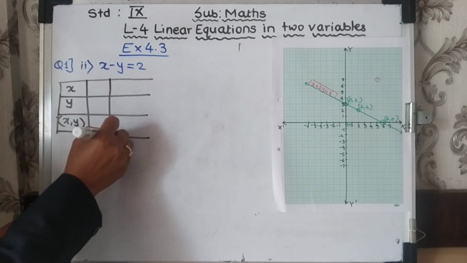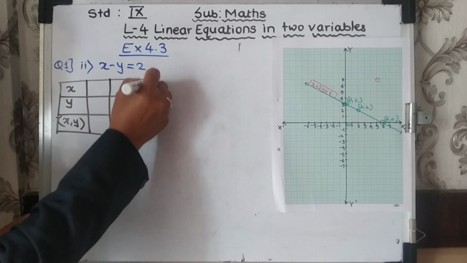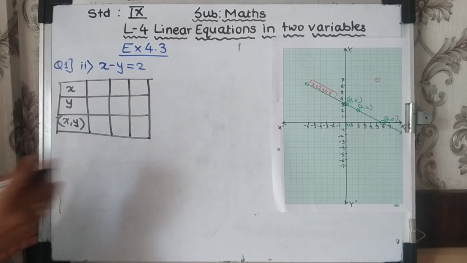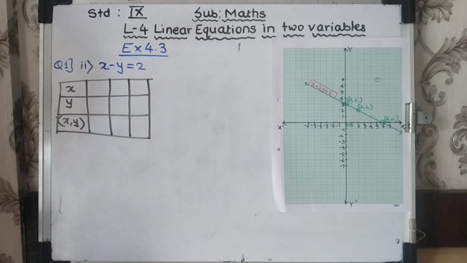Now a total of 3 values we are going to find out, right? Right now only we have seen that whenever we are getting a straight line, it is a linear equation in 2 variables, right? And x, y degree 1, as we are getting a linear equation, that is a straight line, that's why degree 1 we have here for linear equations. Got it?